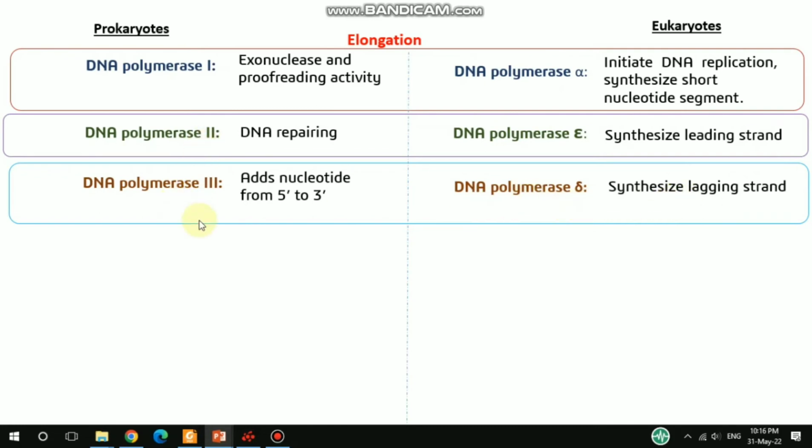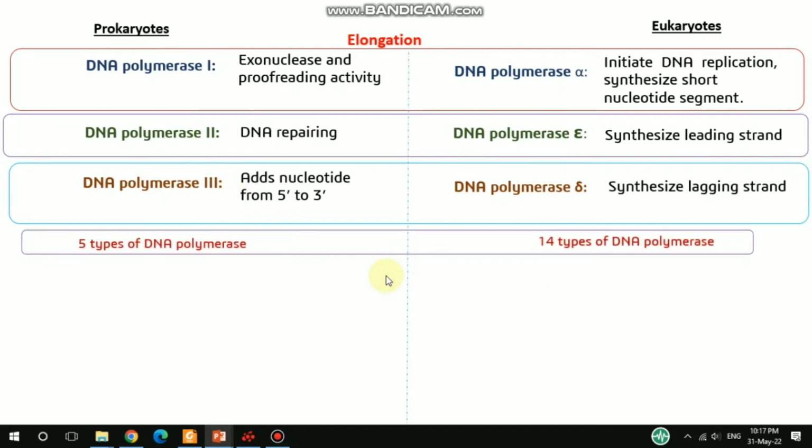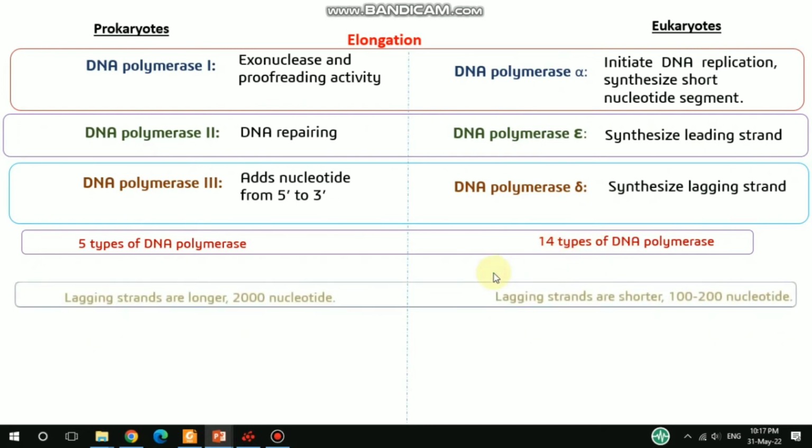But in the prokaryotic system, both the leading strand and lagging strand are synthesized by only DNA polymerase 3. Out of those, only DNA polymerase 3 functions in DNA replication. The prokaryotic system has only 5 types of DNA polymerase, whereas eukaryotes have 14 types.